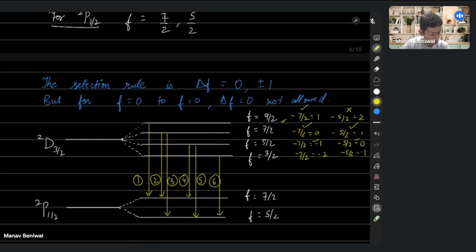Okay, and the transitions which are not allowed, so one is this one. Okay, this is not allowed. And the other is this one. This is also not allowed.